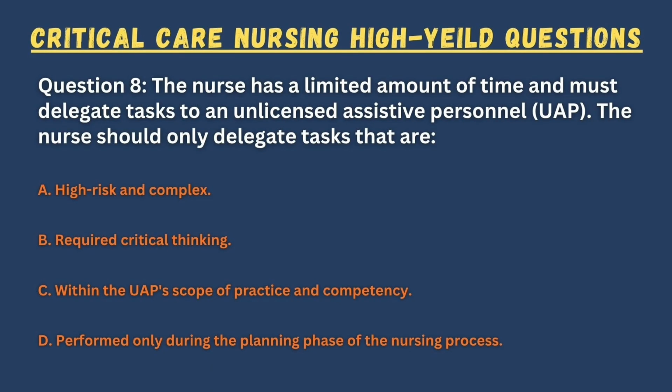Question 8. The nurse has a limited amount of time and must delegate tasks to an unlicensed assistive personnel, UAP. The nurse should only delegate tasks that are A. High risk and complex. B. Required critical thinking. C. Within the UAP's scope of practice and competency. D. Performed only during the planning phase of the nursing process.